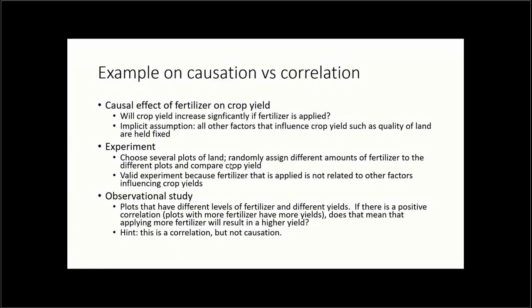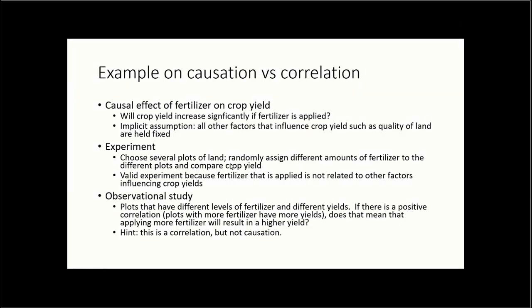But in an observational study, we don't have these perfect experimental designs, so we only observe plots that have different levels of fertilizer and different levels of yield. So if there's a positive correlation, let's say plots that have more fertilizer are shown to have more yield, does that mean that applying more fertilizer will result in higher yield?